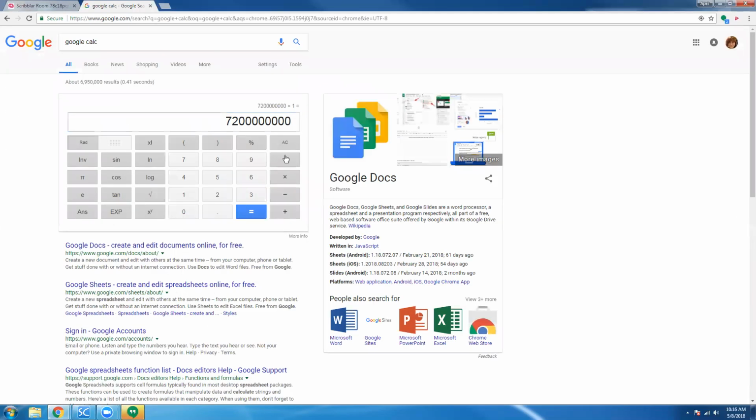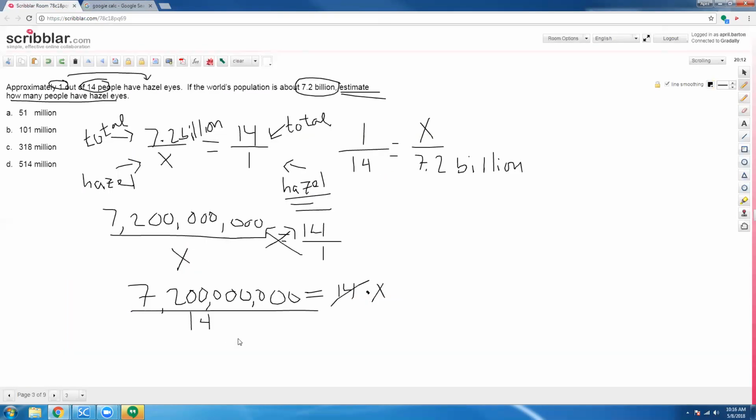So this big long number divided by 14 is, there's our decimal, 514 million. And I'm not even going to write the whole number. I'm just going to say 514 million, which is our answer choice D.